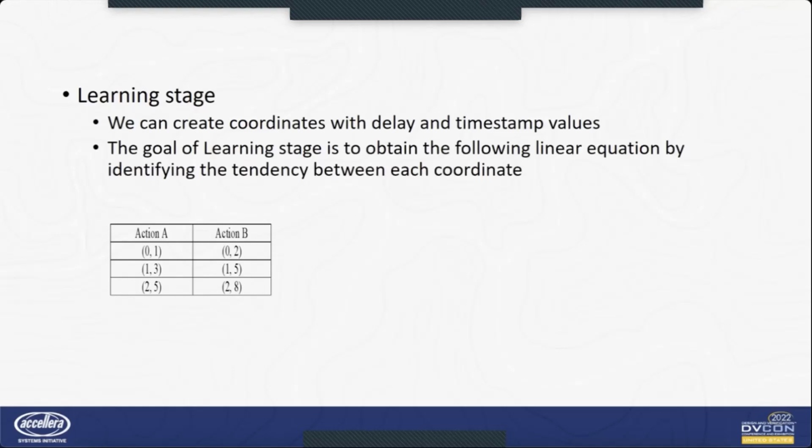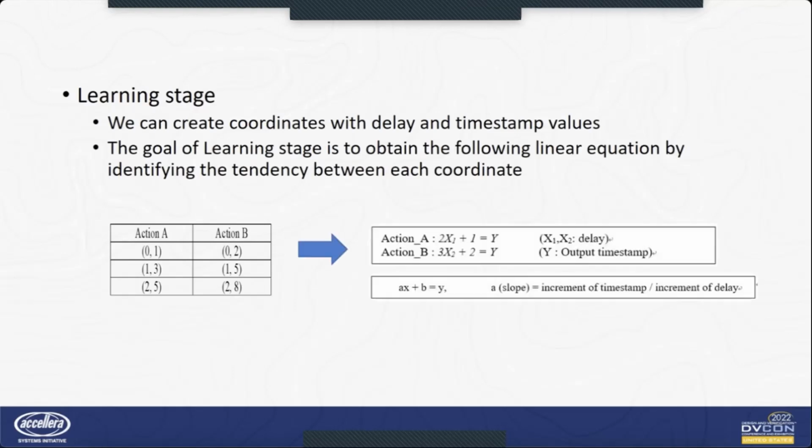And a linear equation for each action can be obtained using the gathered coordinates as shown below. Through this linear equation, it is possible to predict the simulation timestamp value for the input delay value. In order to guarantee this linearity, we try to guarantee the linearity of the delay counter as much as possible.